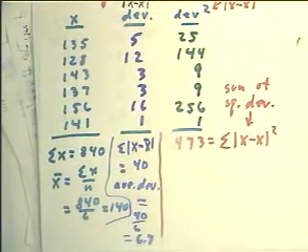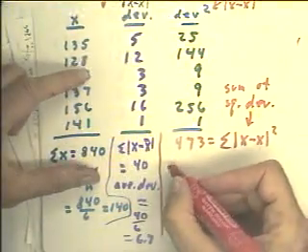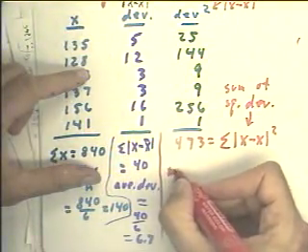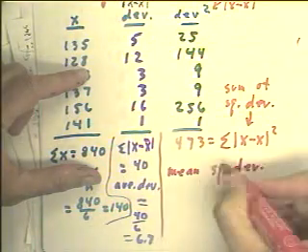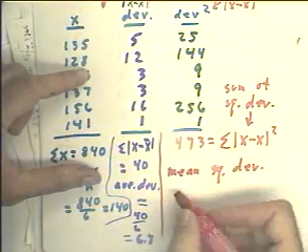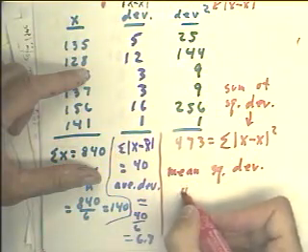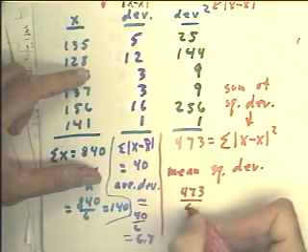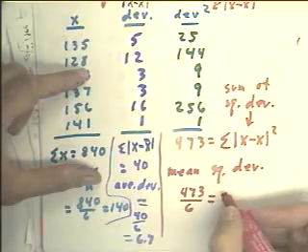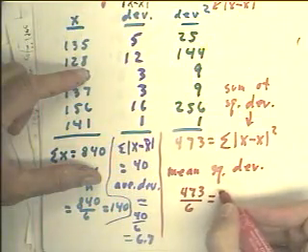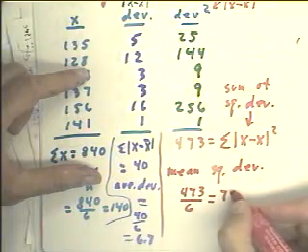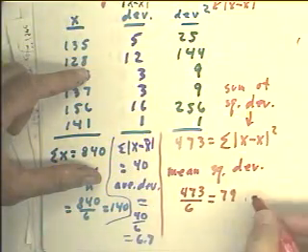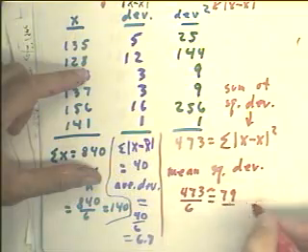The mean squared deviation is 473 over 6, which is almost 79, 78.83 or something. We'll call that 79.